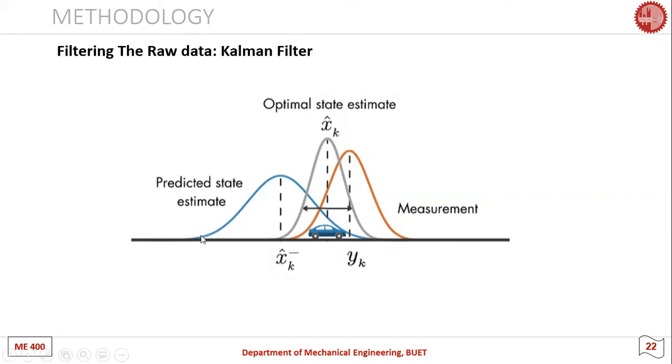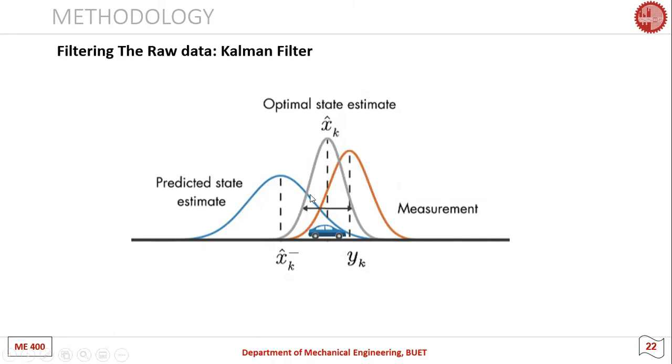If we assume that the error of the mathematical model follows a Gaussian distribution, then the blue dome depicts the probability density function of the predicted state estimate. And if we assume that the measurement noise follows a Gaussian distribution, then the orange dome is the probability density function of the measurement.